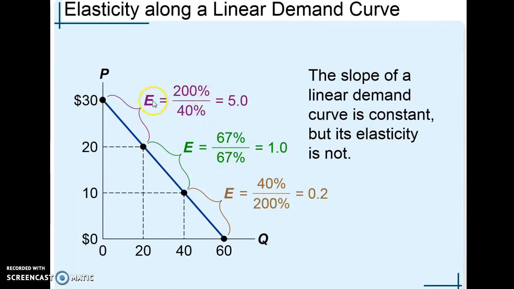So the elasticity is going to be much higher if you consider this part of the demand curve where the price of the good is more expensive. Elasticity will be much lower down here if the price of the good is cheap compared to other goods.